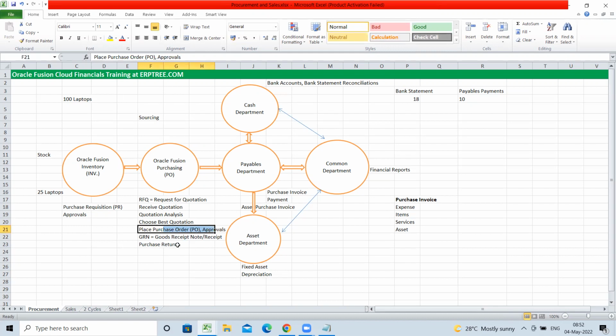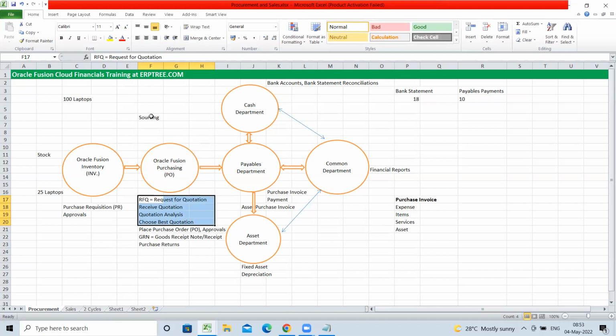If you want to create the requisitions, request for quotations (RFQs), do the quotation analysis, and choose the best quotations, all this you can do by using the Oracle Fusion Sourcing application.